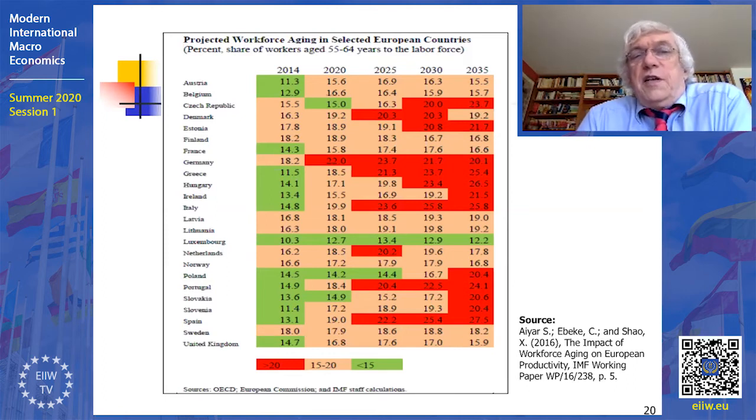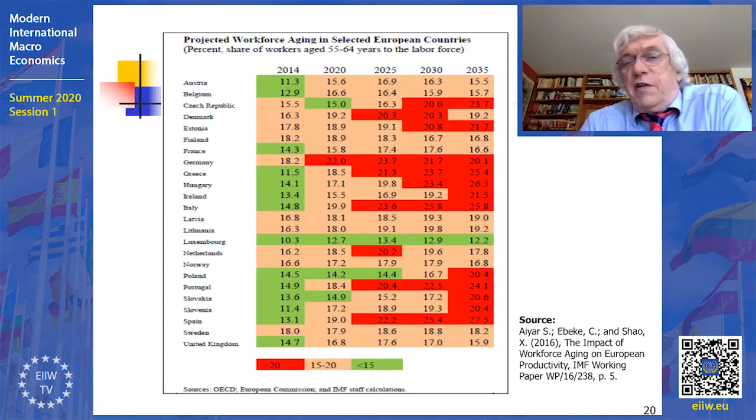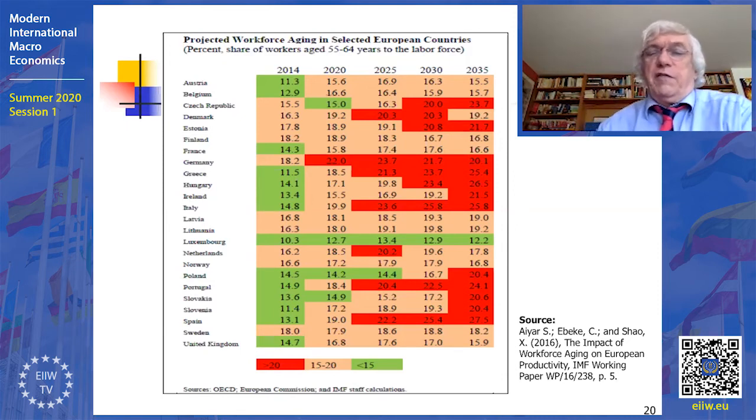And as we can see, as of 2025, then more and more EU countries, including Italy and Spain, will have a rather high share of elderly workers. And as you see here from the source, this is an IMF working paper.